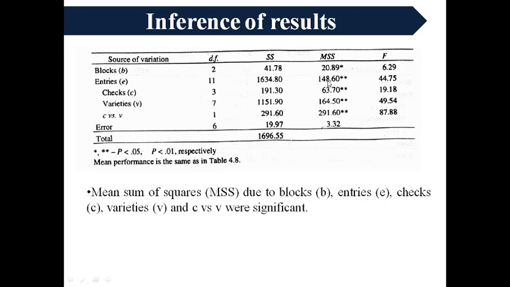The inference we can draw from this result is that the mean sum of squares due to blocks, entries, checks, varieties and checks versus varieties were significant. It indicates checks were significant among themselves and varieties, whatever genotypes we used, were also significant among themselves. What it indicates is that significant variability is present in the experimental material.